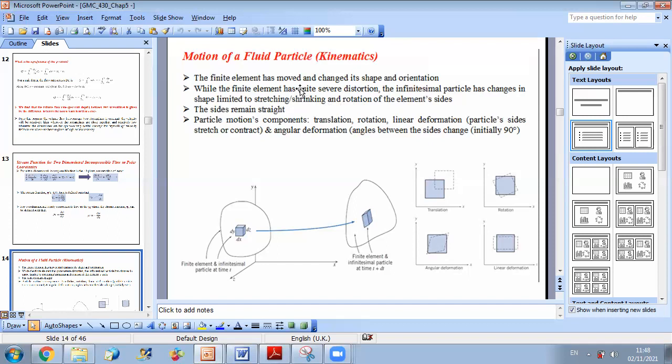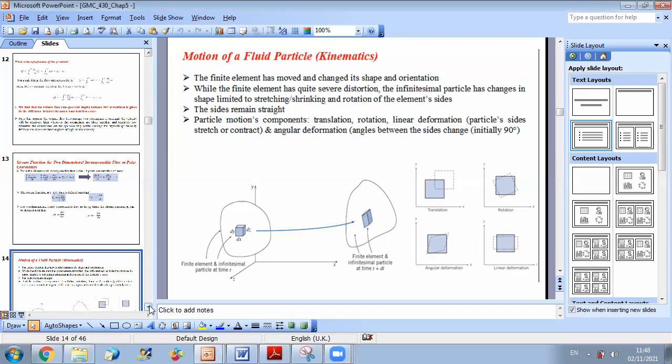We have cases where sides will remain straight, which is a simpler case to consider. So we will divide particle motion types into several parts: translation, rotation, linear deformation when the particle sides stretch or contract, and angular deformation in case the angles between the sides change. We'll consider all of these possibilities for fluid behavior.